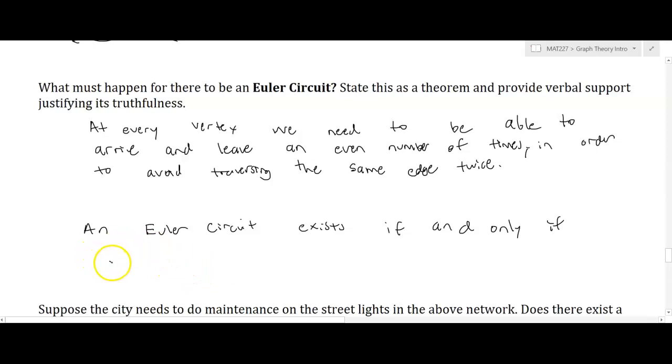So if and only if the degree of a vertex V, or I'll write it like this, V sub I, V with the subscript of I, is even for all I. That is, for all vertices.